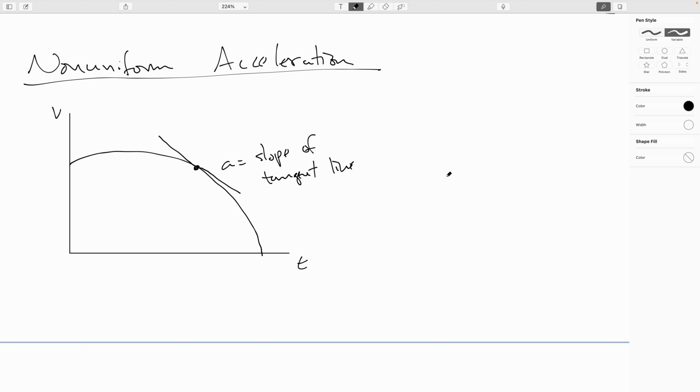And we can also go in the other direction, where if I have an acceleration time graph, I can go ahead and find the change in velocity by doing the area under the curve trick. So let's say you have something like the acceleration is doing this, and then this, so A versus T like that.